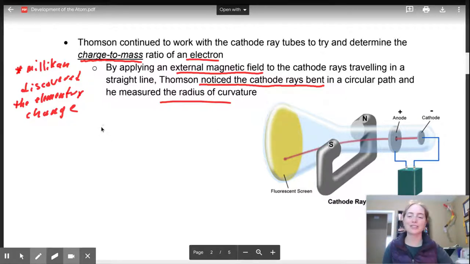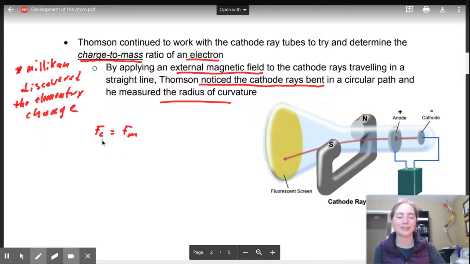Well, remember, ladies and gentlemen, back from unit 2, that F_c is going to equal our F_M. So we're going to take our centripetal force and equate that to our magnetic force, and we can then mathematically solve for the charge to mass ratio that Thomson was looking for.